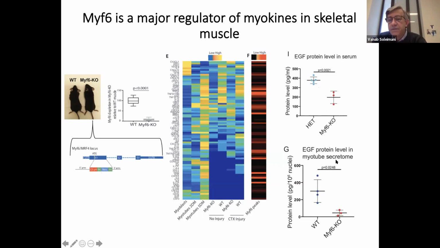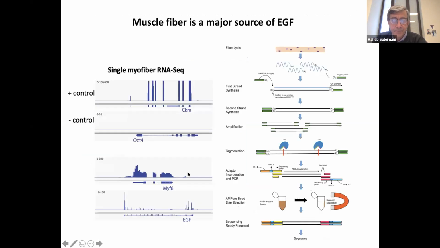You could do this in vitro by differentiating myotubes from the wild type and MIF6 knockout, and then collect the secretome, and it basically shows the same thing. Then obviously we can apply our single myofiber RNA-seq, and you can clearly see the muscle fiber expresses EGF. This is our MIF6, our favorite gene at the time still.